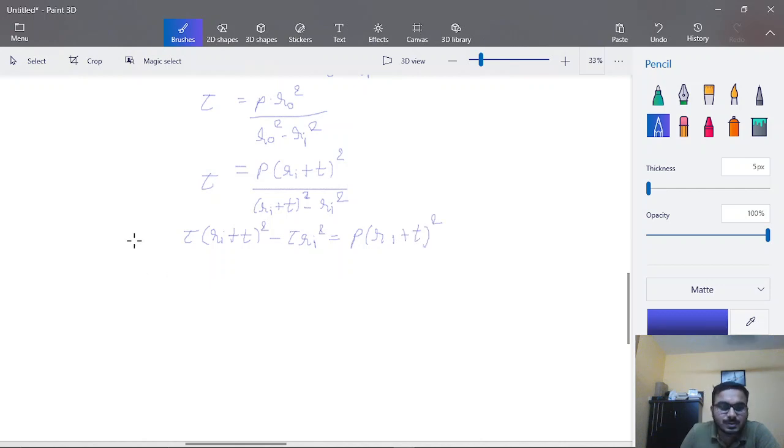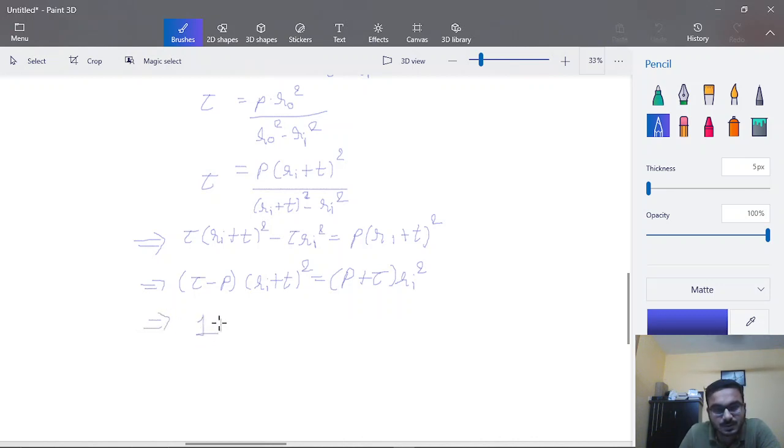So here, further simplifying this equation, so tau minus P into Ri plus T square is equal to P plus tau into Ri square.